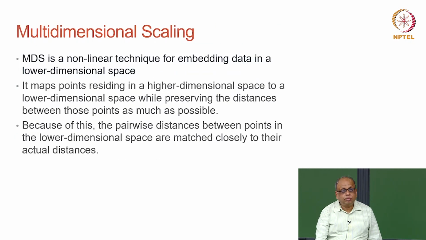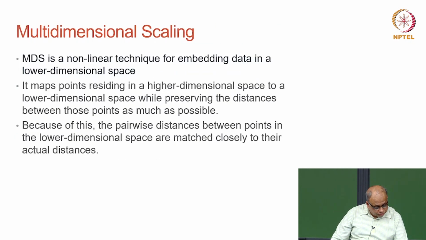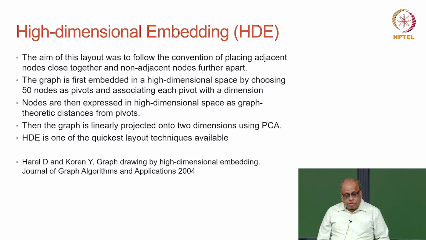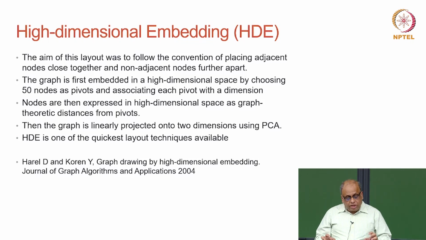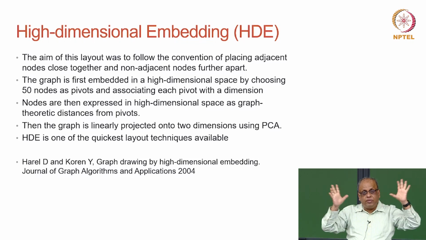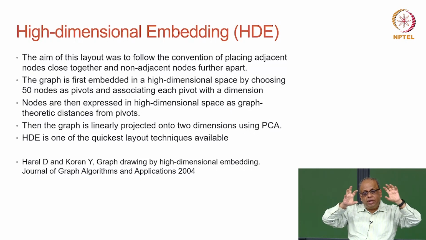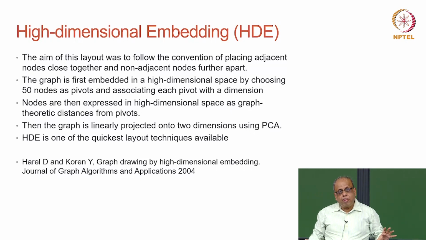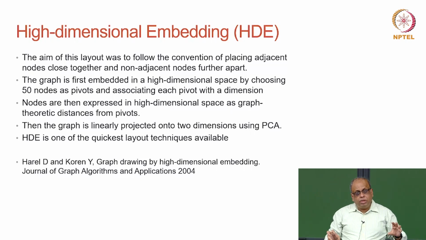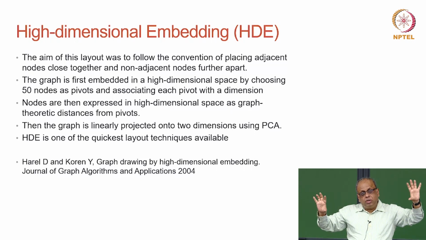So can you please repeat how that was done? You understand PCA? Okay. Given the graph, they choose 50 nodes as pivots. Suppose a graph is very large. The 50 nodes represent all the nodes, and 50 nodes means 50 dimensions of the graph.